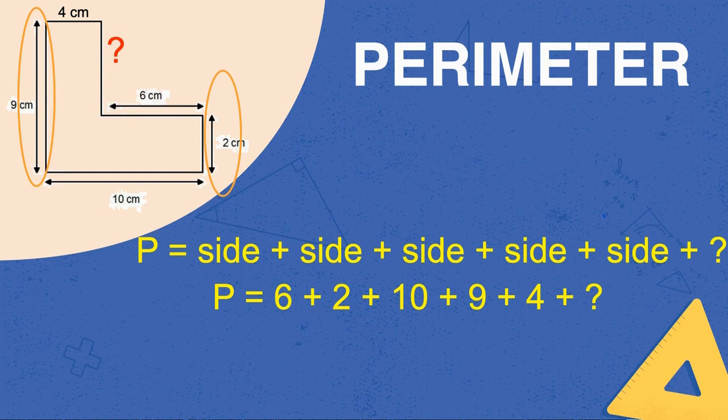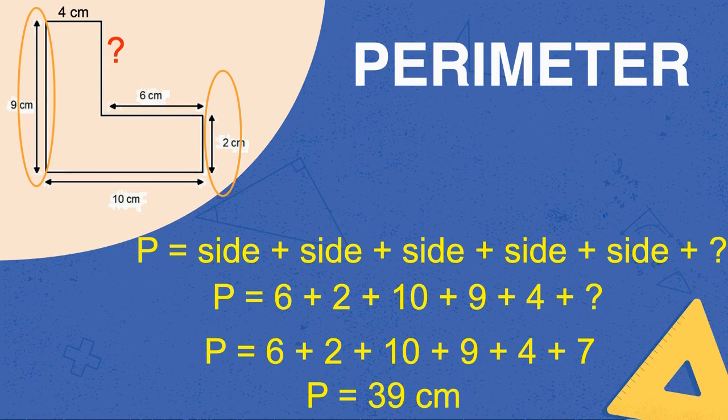When we take 2 from 9, we get 7. So we can now fill in the missing information. Our formula should look like this. Now, it's time for us to add up the length of all of the sides. And when we do that, we should get a total of 39 centimeters.